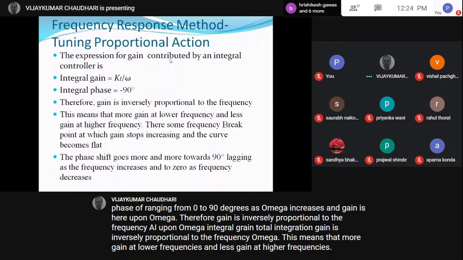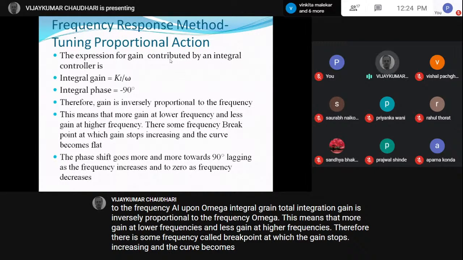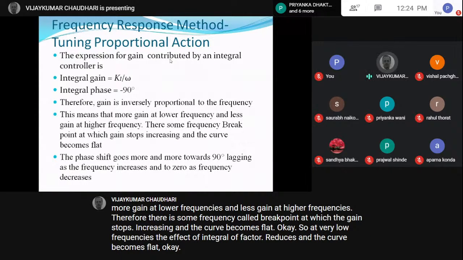Therefore, there is some frequency called the breakpoint at which the gain stops increasing and the curve becomes flat. At very low frequencies, the effect of the integral factor reduces and the curve becomes flat. I'll show you this in the figure in the next slide.